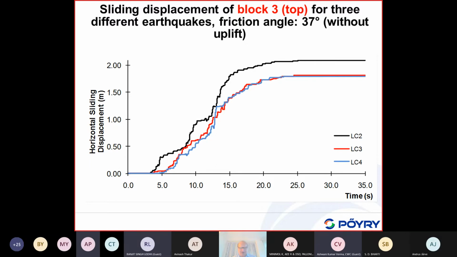But usually people only do the global stability analysis of the whole dam body. Critical are actually those near the dam crest. And this has also been shown by the observations made during the Manjil earthquake in Iran, which I've shown before. Okay, we see it also shows that the acceleration time histories have quite some effect here.